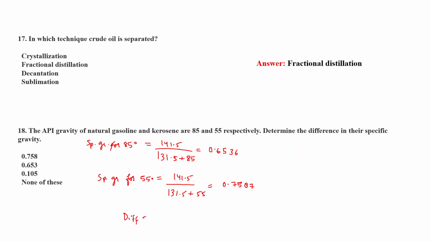So the difference would be 0.7587 minus 0.6536, which gives 0.1051. So the answer is 0.105.